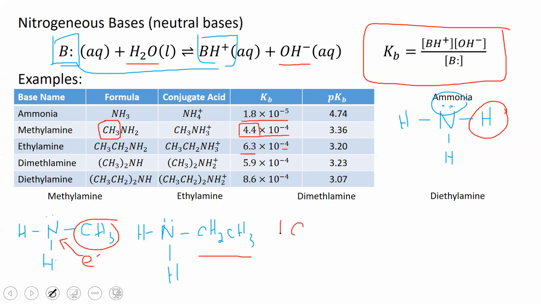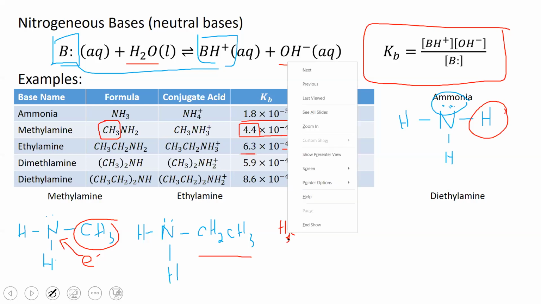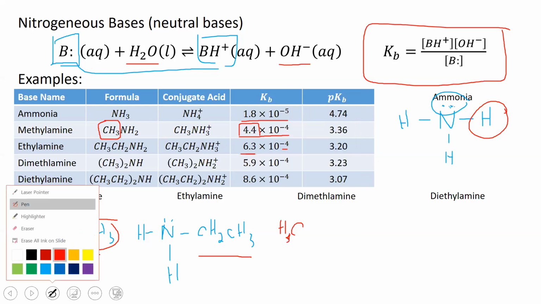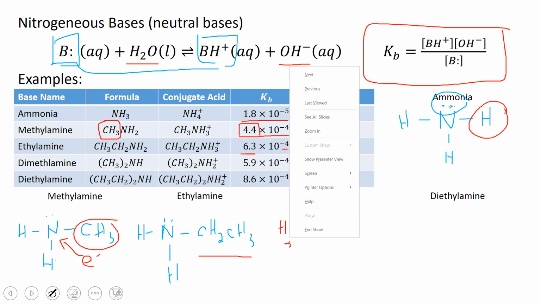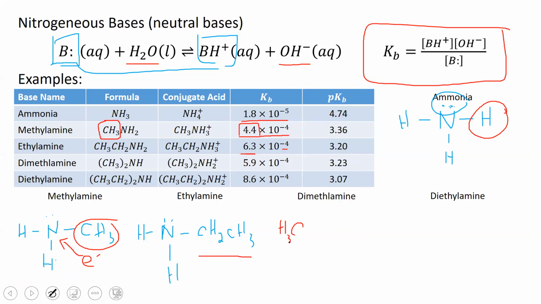If we now compare this methylamine to dimethylamine, in other words, we're going to change out one of the other two hydrogens. Come on, try to draw this a little bit better. Okay, it's apparently as good as my stylus is allowing.